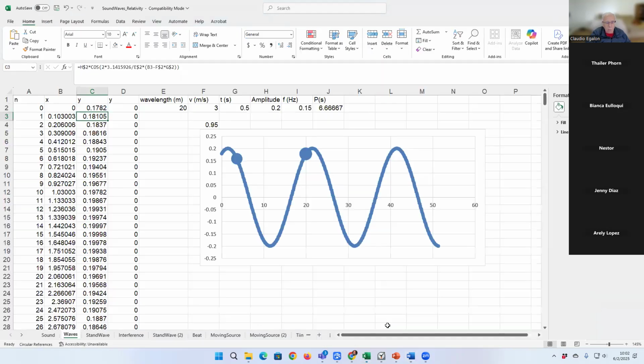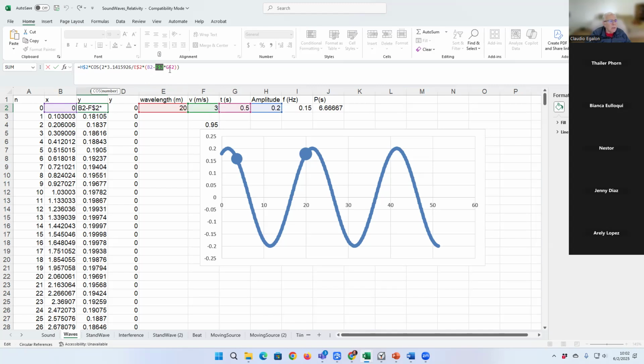If I go to my Excel, we have here 2 pi divided by lambda, right? E2 is lambda. I made the wavelength of my wave 20 meters right in here. And multiply it by B2, the position, X of the wave. F is V, the velocity, the speed, in meters per second.